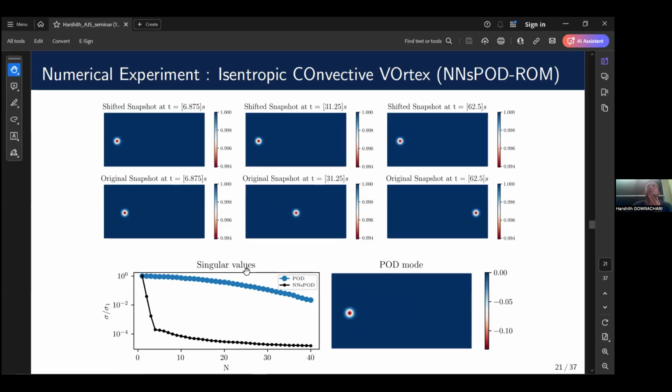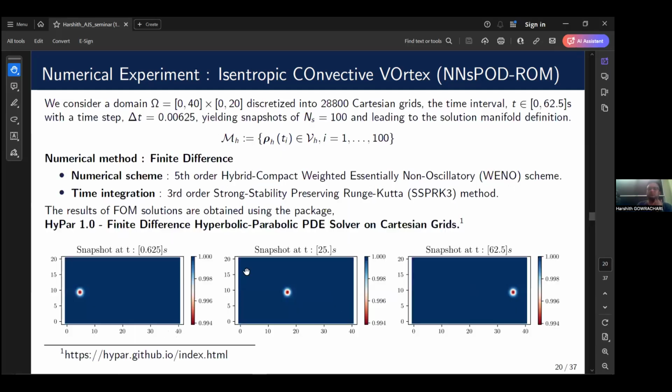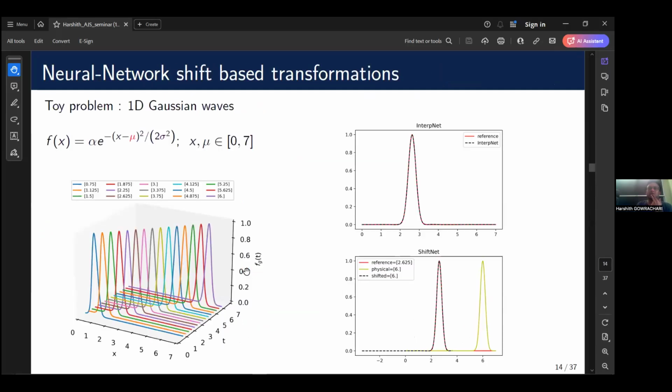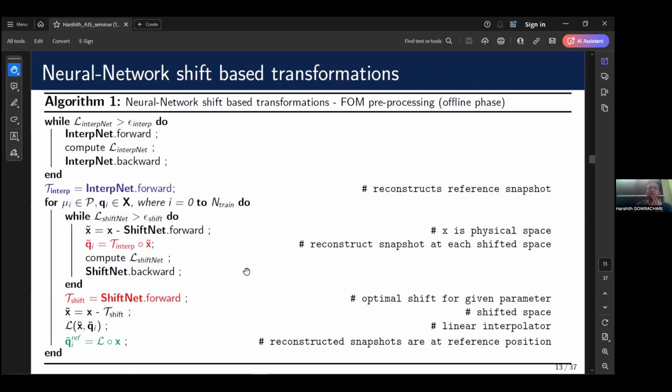But why can't one just choose the finite element interpolation of the solution? The InterpNet is separated from the ShiftNet in the algorithm, right? Exactly. So here you learn the InterpNet and then you use it just as a model for reconstruction.